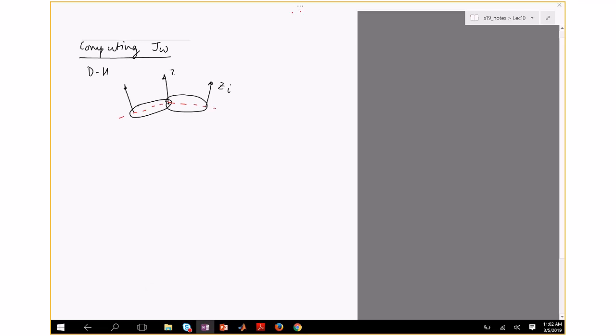z_i, z_{i-1}, z_{i-2}. This is joint i, link i minus 1.